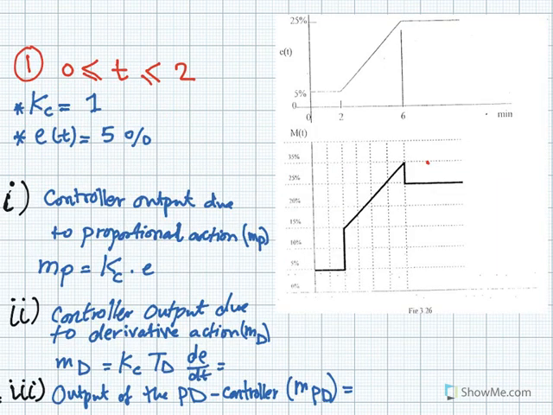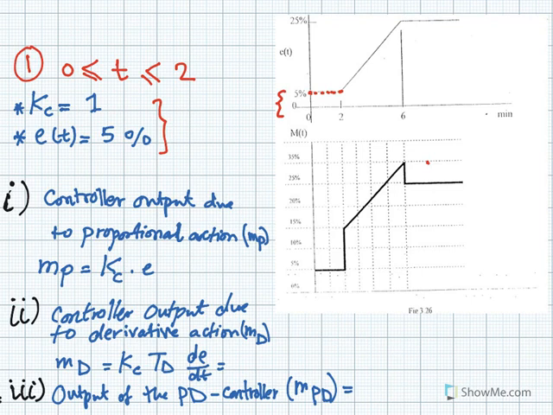For interval number 1, when t is greater than or equal to 0 and less than or equal to 2 minutes, we are talking about this interval. Just to remind you that the gain is equal to 1 and the error in this case is equal to 5%, as shown in the figure here.